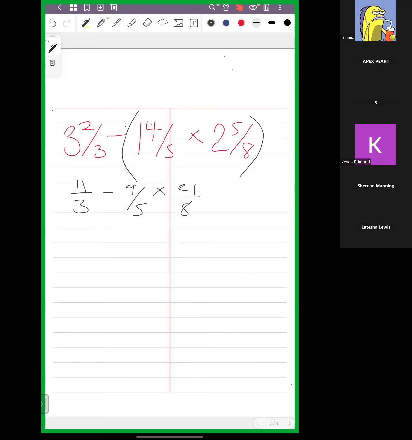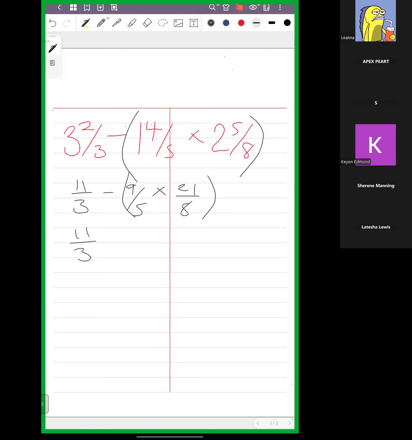All right, so we don't end up with anything to cancel, because 8 cannot go into 9, 5 cannot go into 21, 5 cannot go into 9, and 8 cannot go into 21, so there's nothing to reduce between any of the numerators and denominators. So we're just going to multiply across. We're going to end up with a very large number compared to what we would usually see on an assessment, but as you know, guys, I'm just picking random questions.